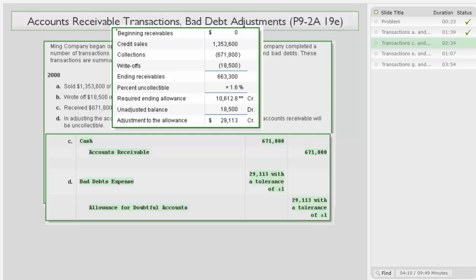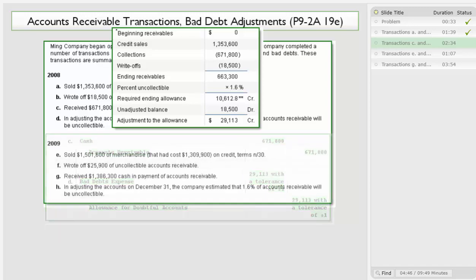So in order to get us from a debit balance of $18,500 to a credit balance of $10,615, that's rounded to whole dollars, we need to credit $29,113, and that will bring us from the $18,500 debit balance all the way to the $10,613 credit balance. And that's why we've got a credit to allowance for doubtful accounts of $29,113, and the offset goes to bad debt expense.